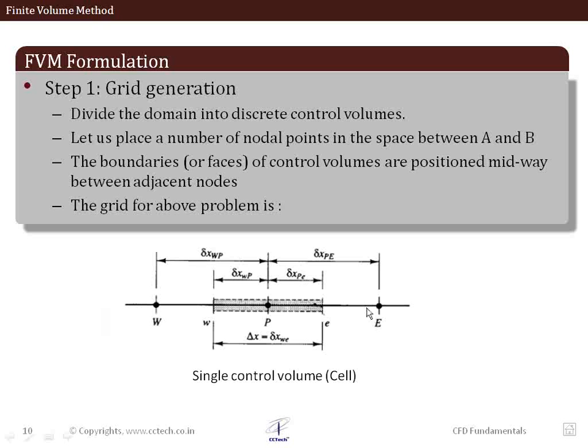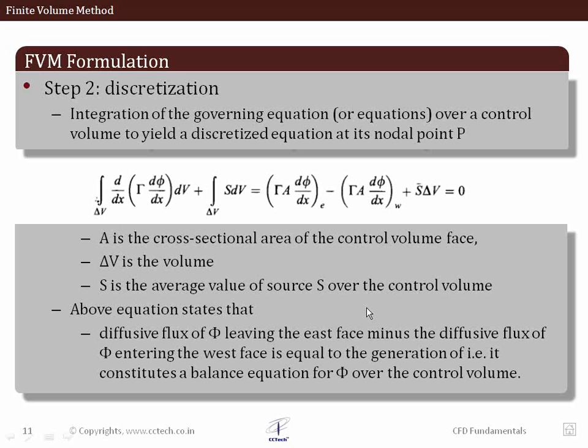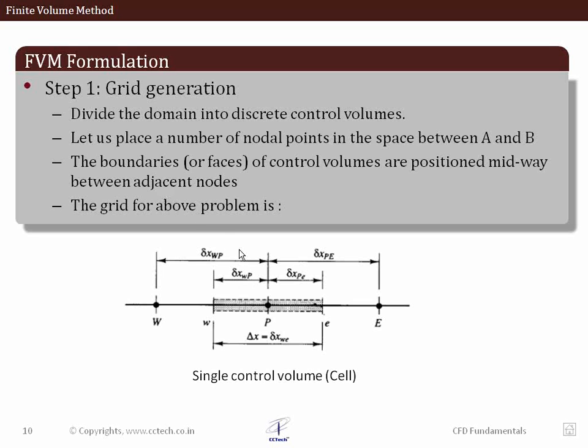Let's move on. We'll now try to apply the finite volume method. When we apply the finite volume method, what we have are these integral equations. This is the volume integral equation which has been converted further into surface integral equations. What we obtain after this is when we apply it over all the faces that bound the given cell. So you will be applying this over the eastern face, the western face, the top face, the bottom face, as well as any face into the thickness, into the plane of the screen.